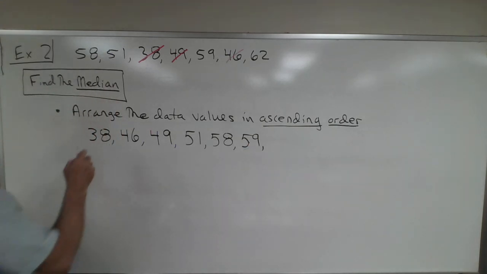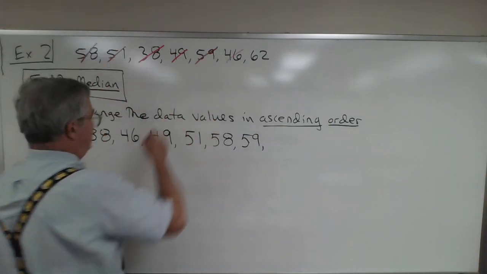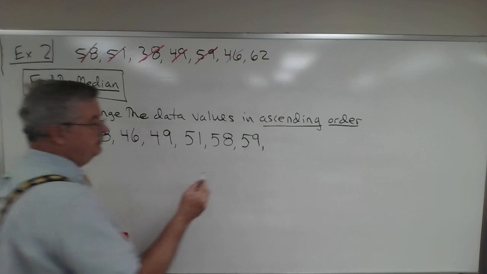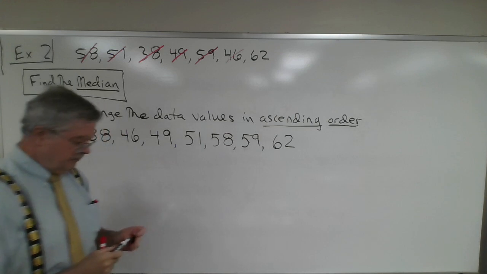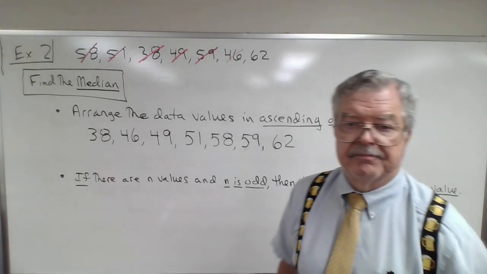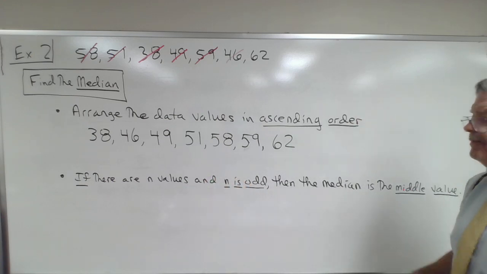And we cross out 51, 58, 59. And that leaves 62. We got the data values in ascending order.